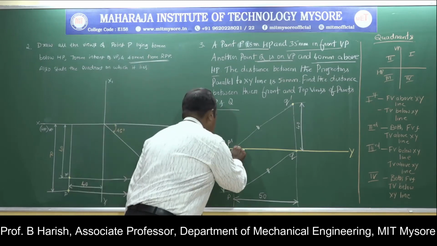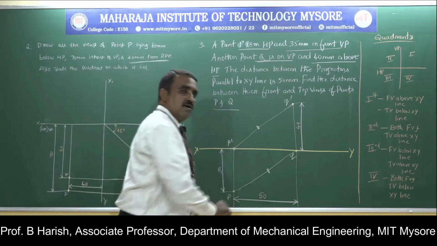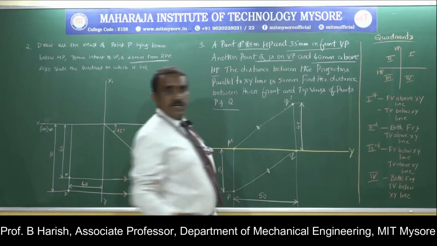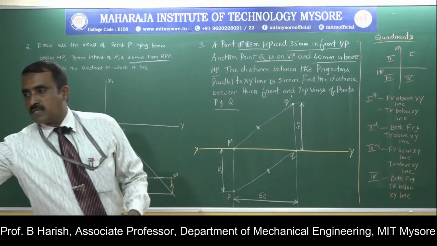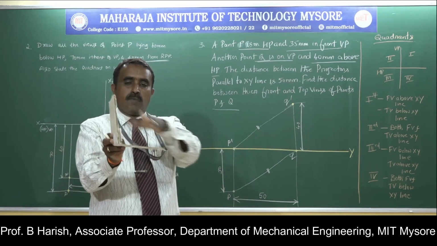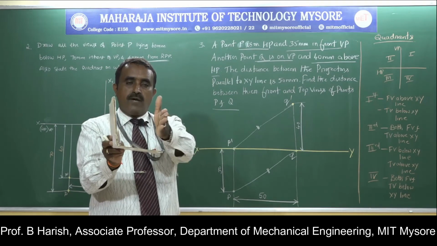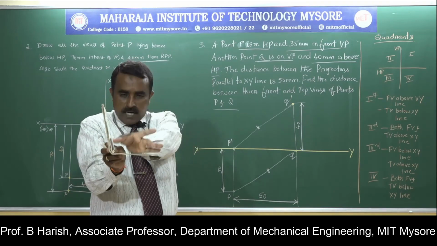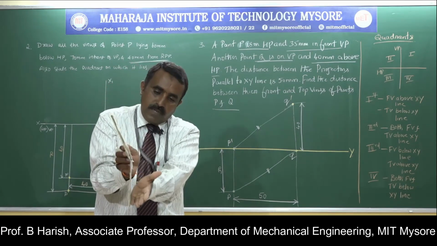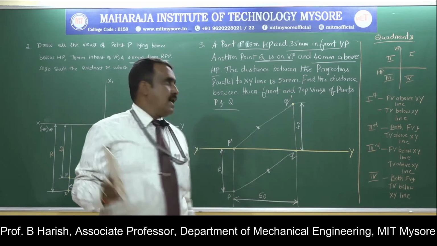So here this point P dash is on the XY line, then 35 mm in front of VP. In front of VP means always it will be like this. This is the horizontal plane, this is the vertical plane, 35 mm in front. If you rotate it, always it will be in front, which means it will be always below your XY line.